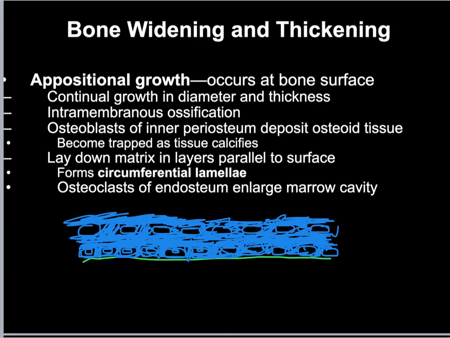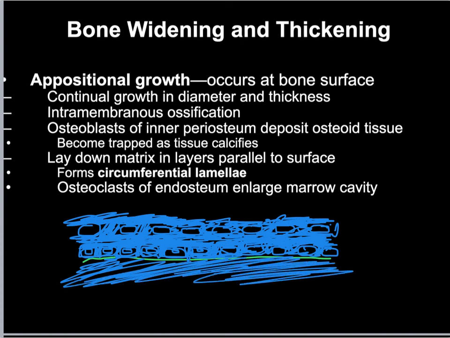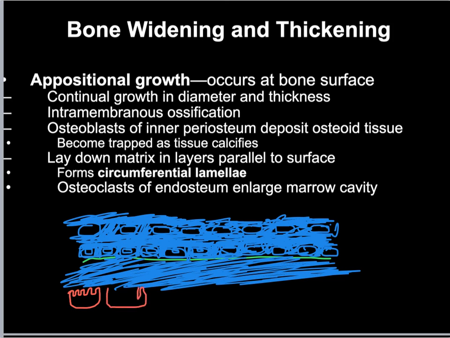And then at the same time, on the inside of the bone here, right? So we've got a whole bunch of bone tissue all the way through. We're making our bone thicker. So what happens is on the inside, we have our large osteoclasts that look like the little ghosts from Pac-Man.